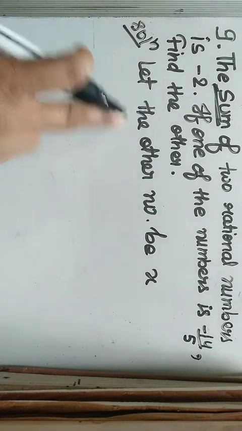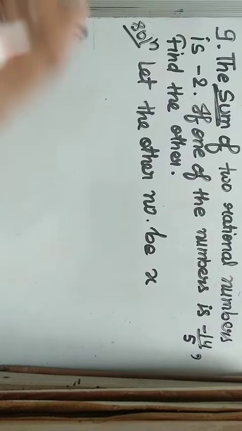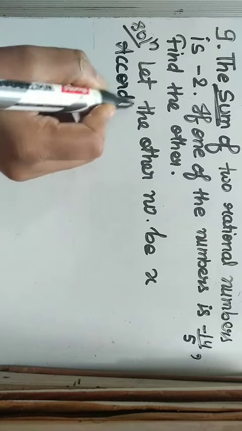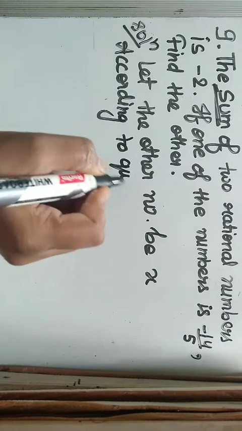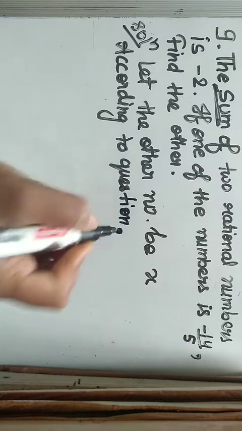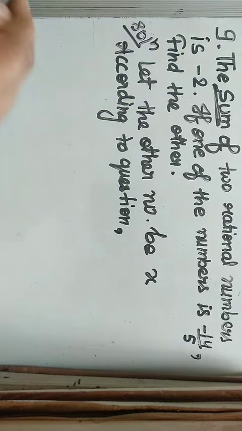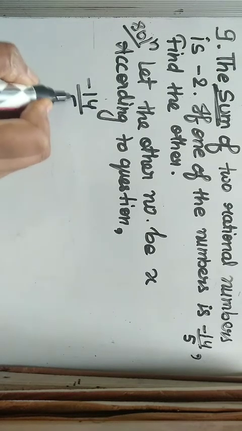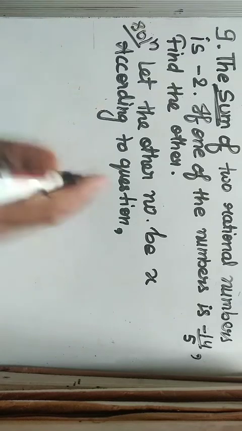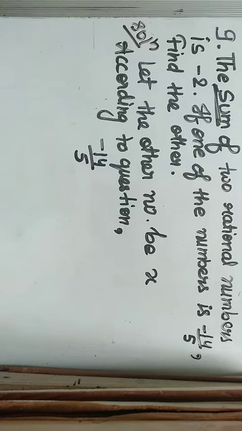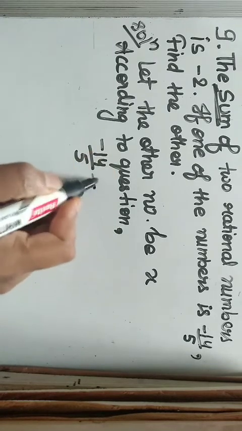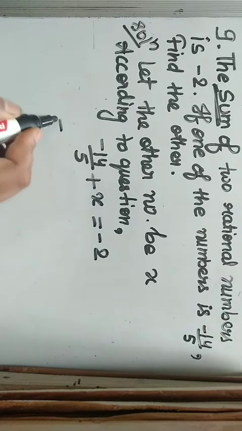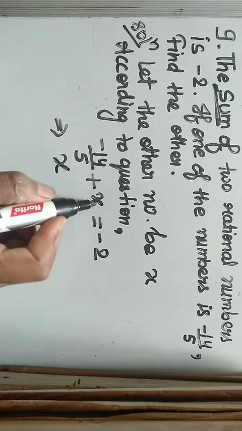According to the question, when we add this rational number with another rational number, we get the value minus 2. So this implies we have to find the value of x.